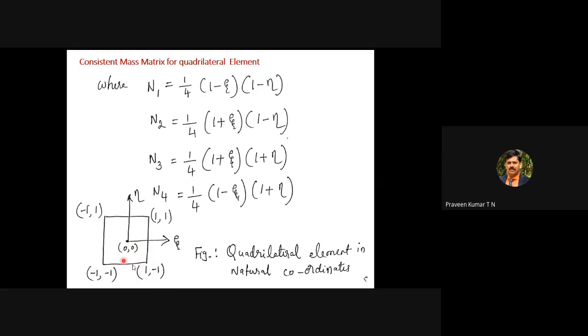It becomes a square. The coordinate of each corner of the square is like this: this is 0, 0. This is minus, minus. This is plus and minus. This is 1, 1. This is minus 1. So N1 is 1 by 4 common, 1 minus xi, 1 minus zeta. N2 is, we can see this coordinate, we can write.